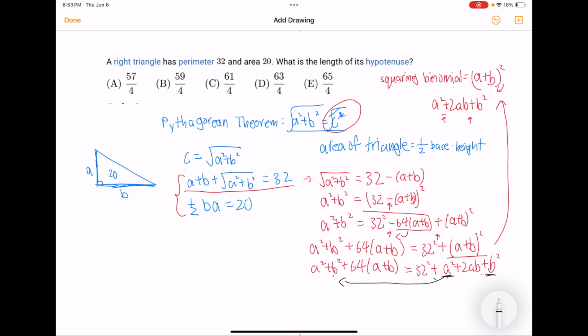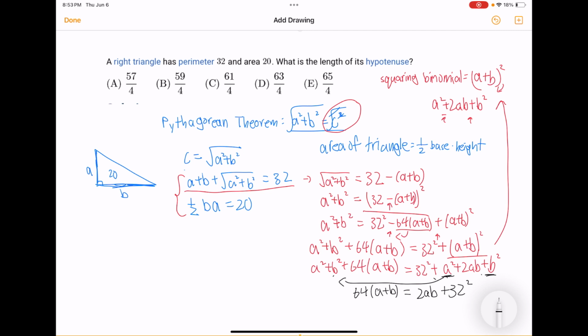And that would give us just 64 times the quantity of a plus b is equal to 2ab plus 32 squared. Okay, this is a lot of work, and you have to really be meticulous, because one small mistake and you'll get a whole different answer.